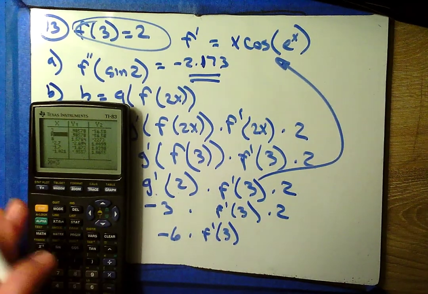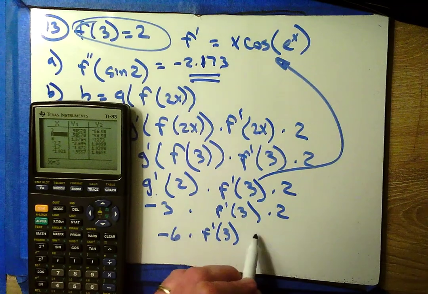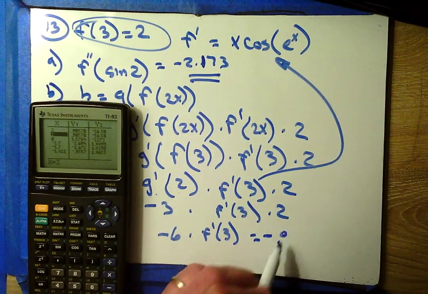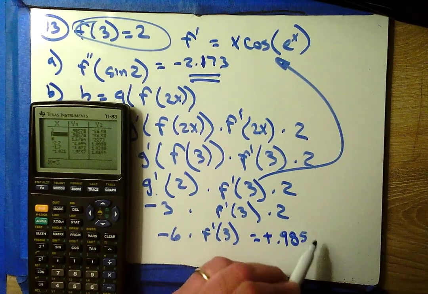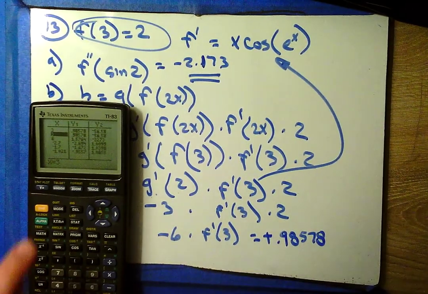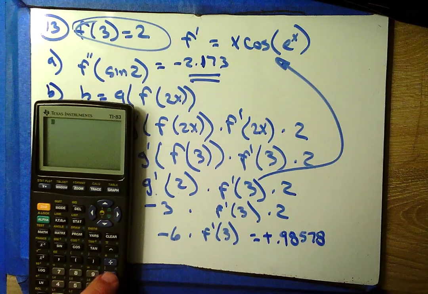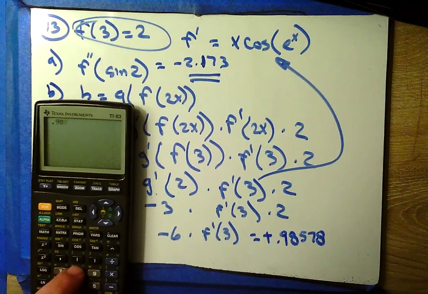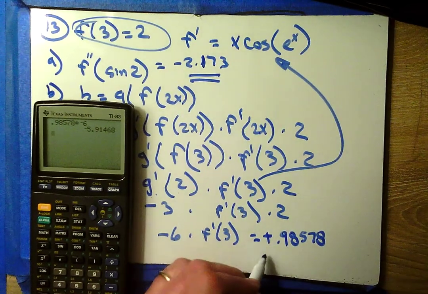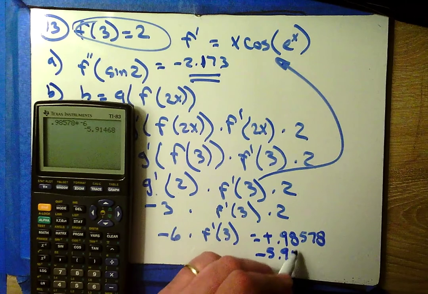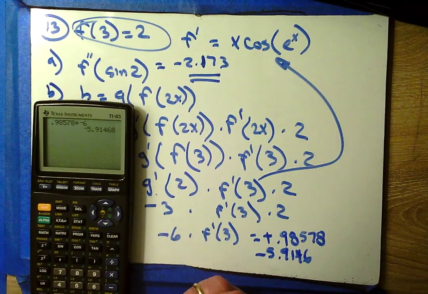And I get negative 0.05. I'm sorry, positive 0.98578 times 6. So 0.98578 times negative 6, and I get negative 5.9146.